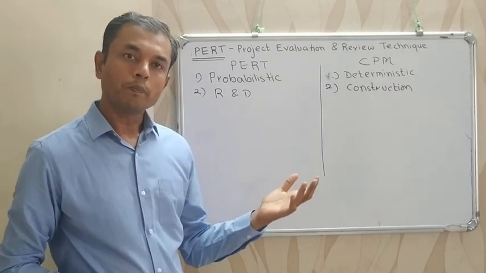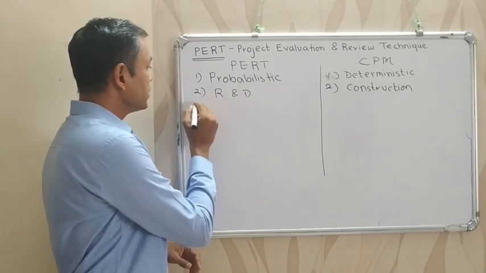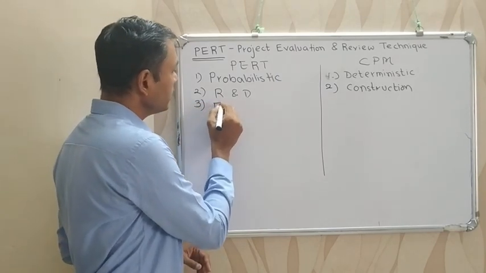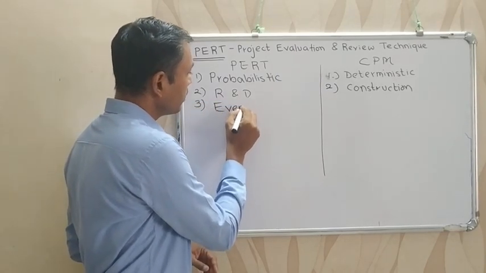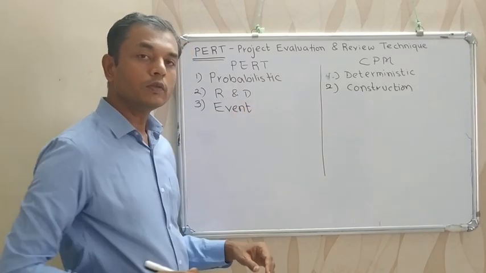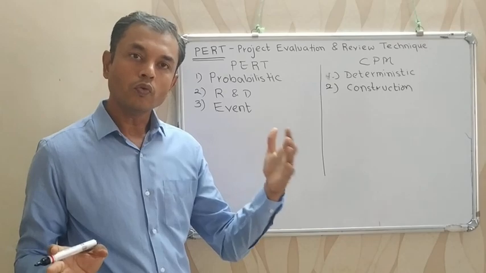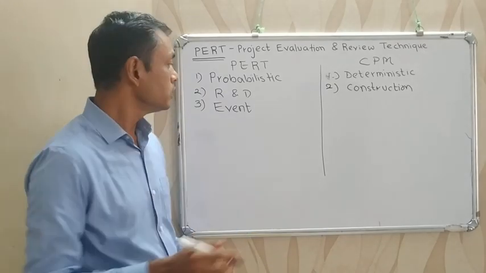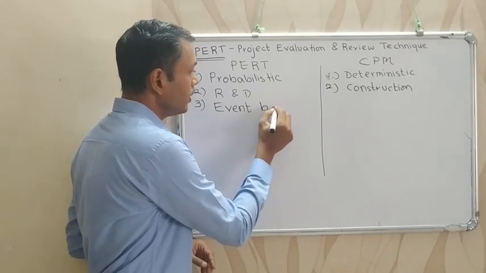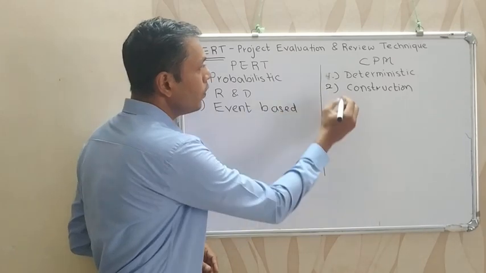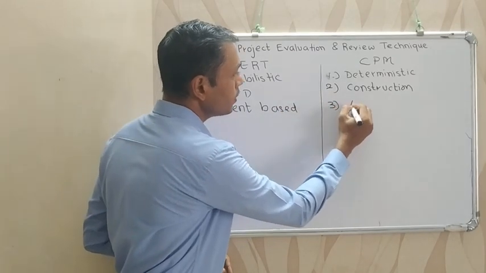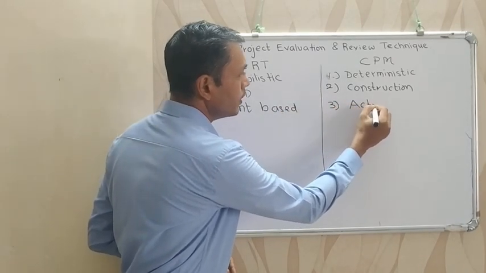Moreover, PERT is event based. It is important to note when a particular activity is going to complete and when it starts. It is event based, whereas CPM is activity based.